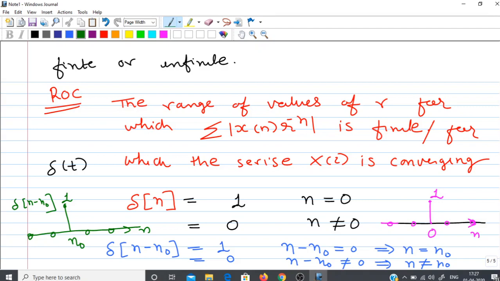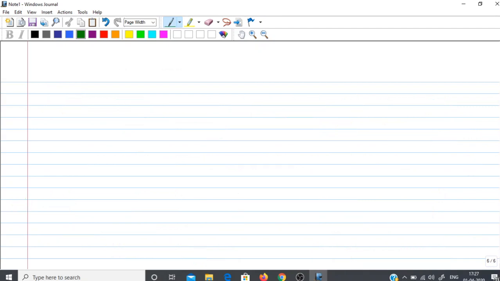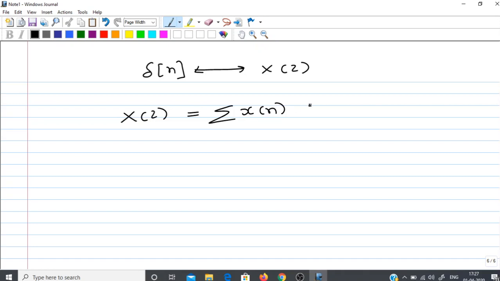Now, our interest is to find the Z transform of the unit impulse sequence delta n. Naturally, this is also a finite duration sequence. So, what is the Z transform of this? Let it be X(z). From the definition, X(z) is the summation over n of x[n] z to the power minus n.